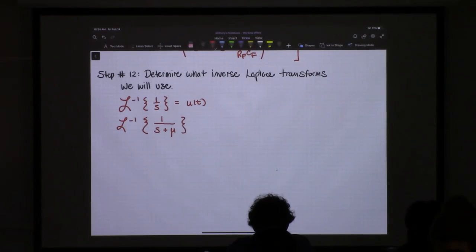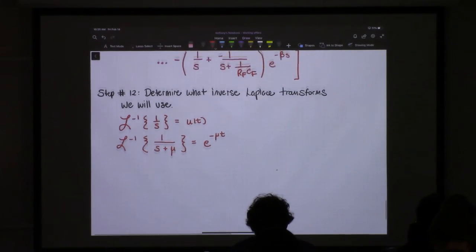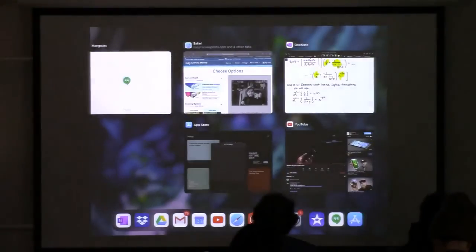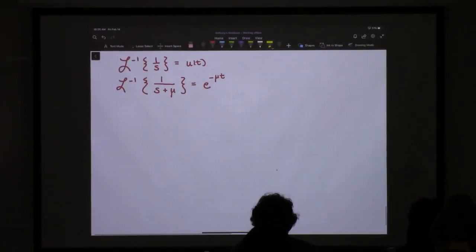And that gives us, if I look at the Laplace table, it gives us e to the negative mu t. Normally they use an a there, but we used an a somewhere, so I don't want to reuse it again. Okay, so that will address this term. That'll address this term. Now the remaining terms will be this combined with that, right? It'll be 1 over s times e to the negative beta s, but that's easy because that's just the time shift.